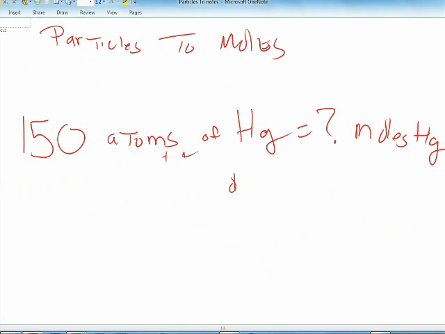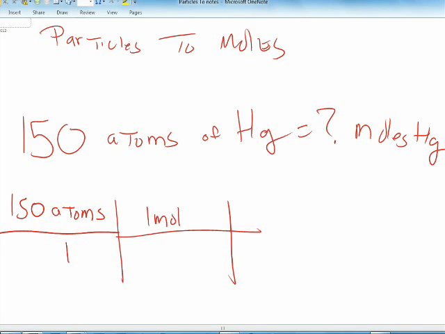Let's just try this one. Now, let's say we just had 150 atoms of mercury. How many moles of mercury would that be? Well, let's look at the 150. We know it's going to be an extremely small amount because this is 1.5 times 10 to the 2, and we're looking at 1 mole being 6.02 times 10 to the 23rd. It's going to be very small. But let's try this over 1.